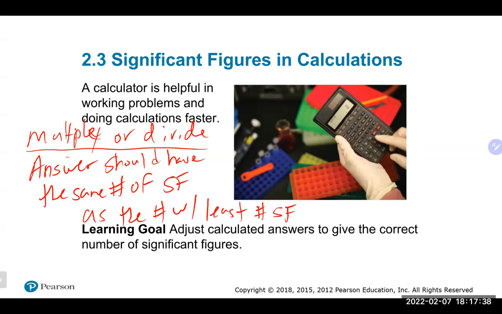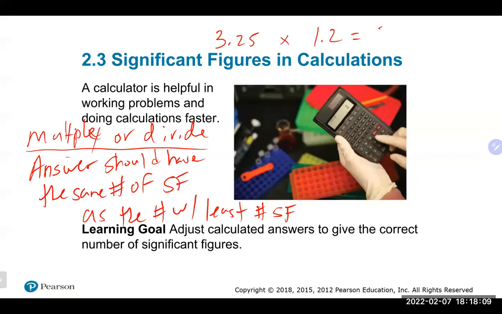So if we were to take 3.25 and multiply it by 1.2, and as we talked about before, our calculator does not always give the answer to the proper number of significant figures.